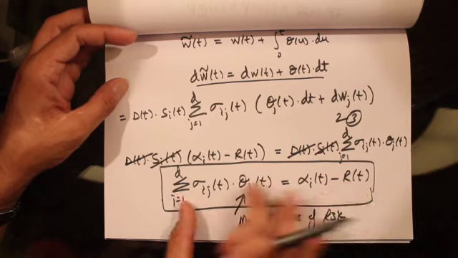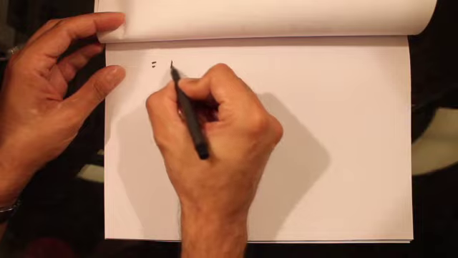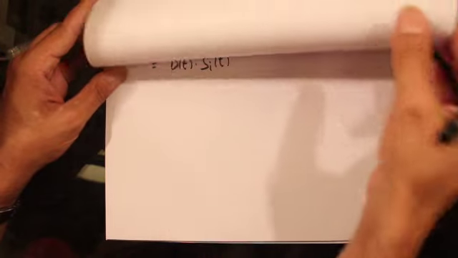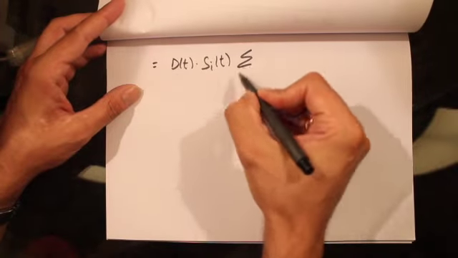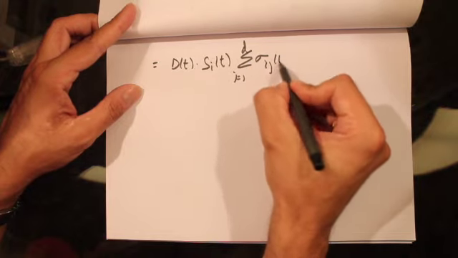And if this is equal, then we can rewrite equation 3 as d of the discounted stock process S_i(t). We had this, and now summation j equals 1 to d, sigma_ij(t) dt.